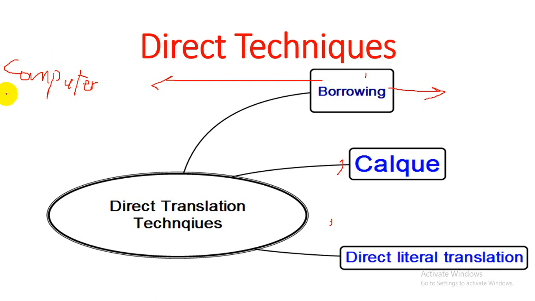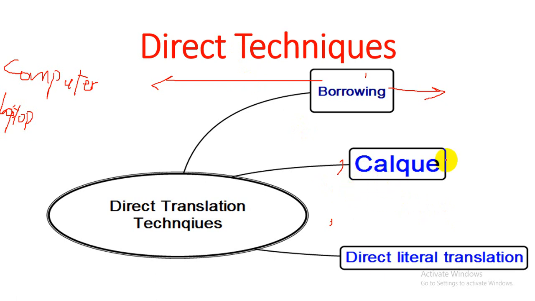Or laptop? What about coronavirus? So here we need to borrow these words, and in this case we're going to use transliteration or phonetic translation. And the second technique that we can use to handle translational problems is calque.